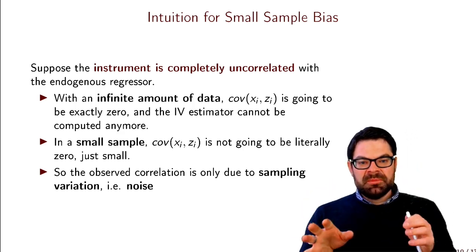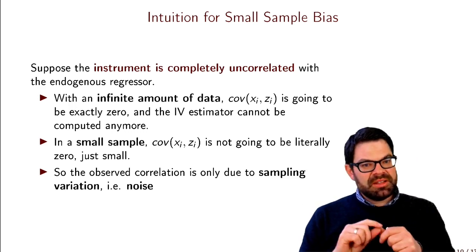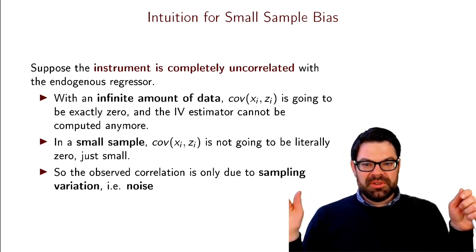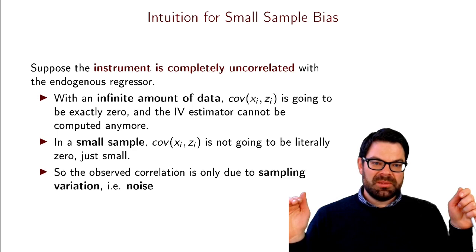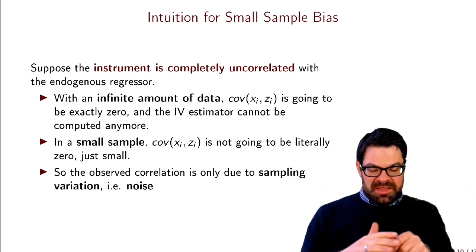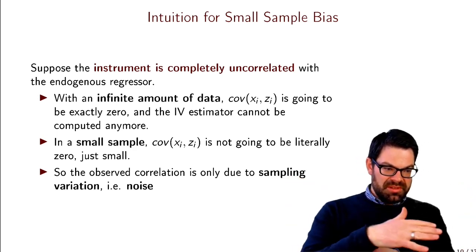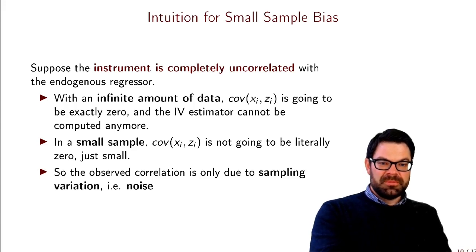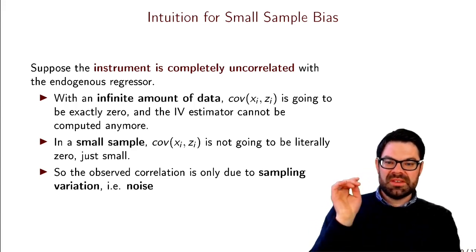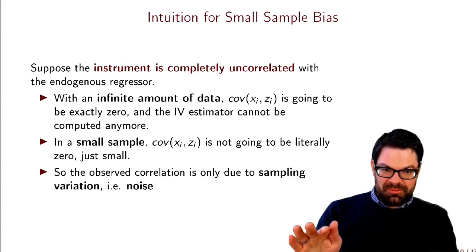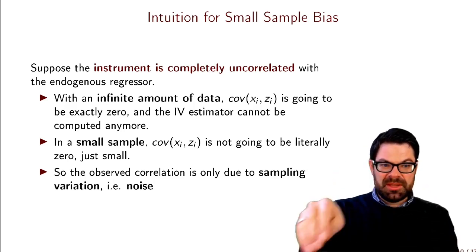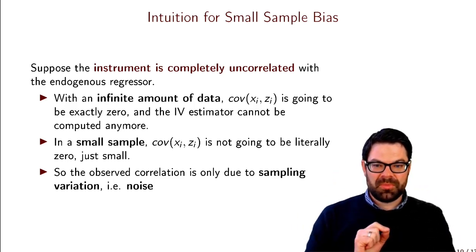Now what we're starting with here is an instrument that is completely uncorrelated with the endogenous regressor. So what that means is that in the population with infinite data, so an infinite number of data points, we don't have any covariance between the instrument and the endogenous regressor.